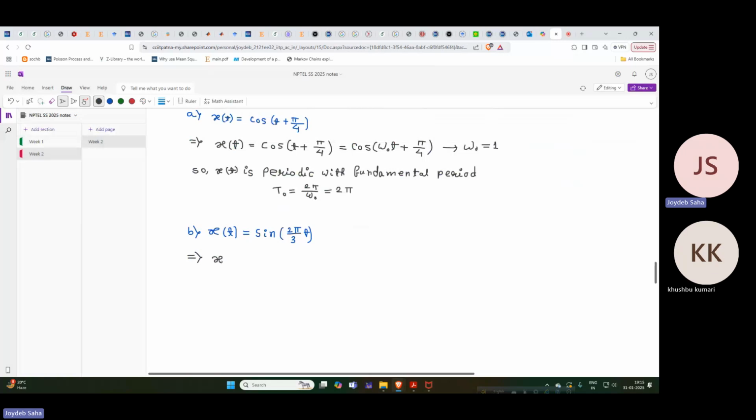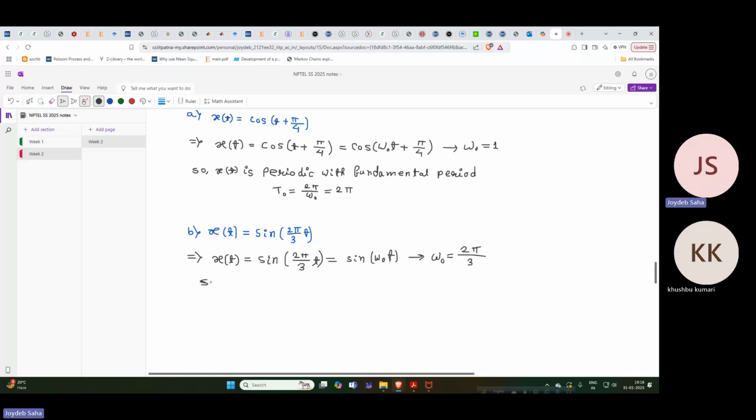So we can write x(t) is equal to sine of 2 pi upon 3 t, which is equal to sine(omega 0 t) with omega 0 is 2 pi upon 3.